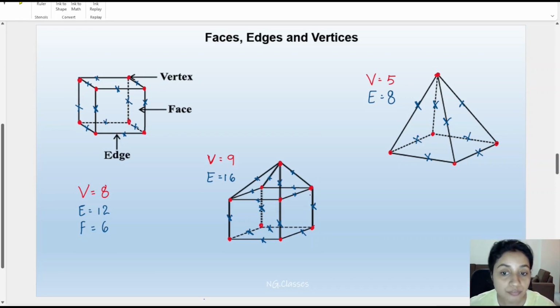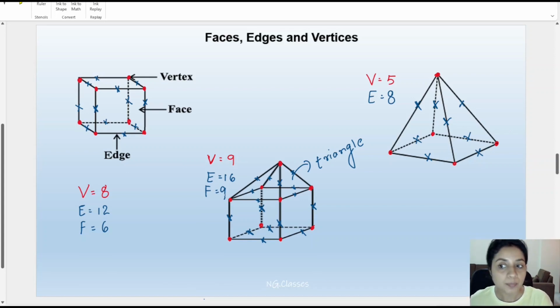Now, if we look at the front part, we can see this is a triangle. So a total of 4 triangles are used all along the sides of the square. So 4 triangles and 5 squares. That means a total of 9 faces are used to make this figure. So the number of faces is equal to 9.